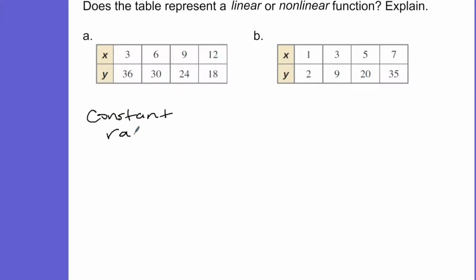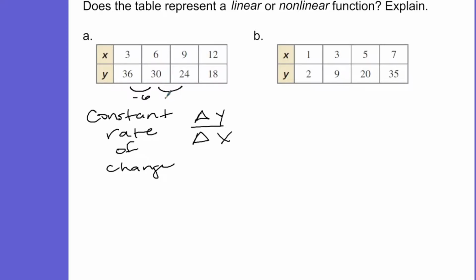The way that you check if it has a constant rate of change is if the change in the y's over the change in the x's are the same. So let's look here at the y's. From here to here, what happens? Subtract 6. From here to here?